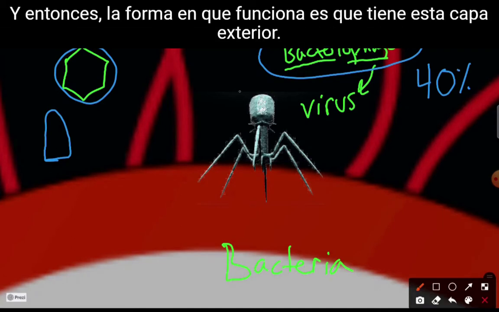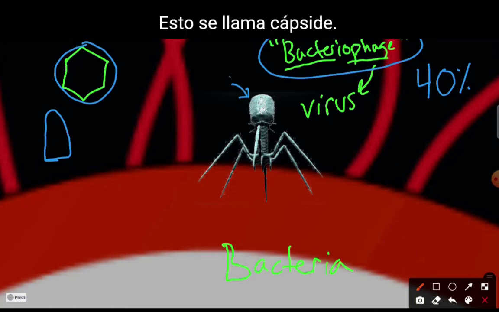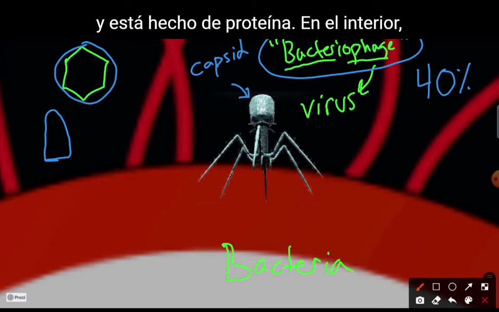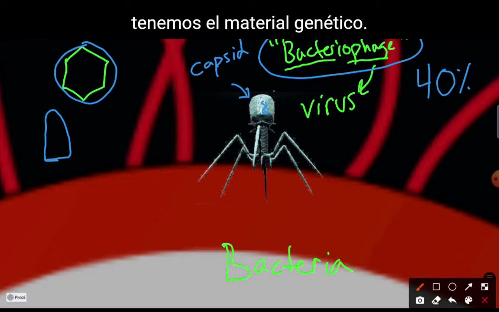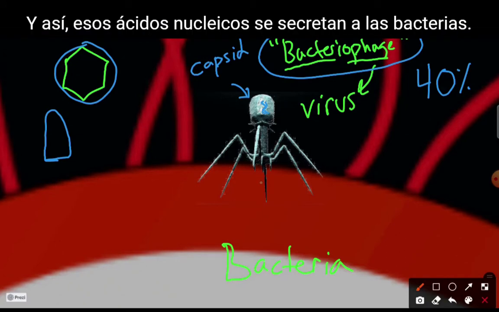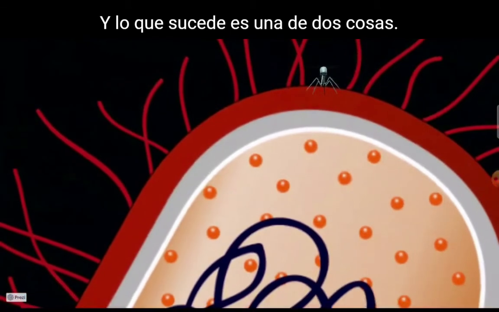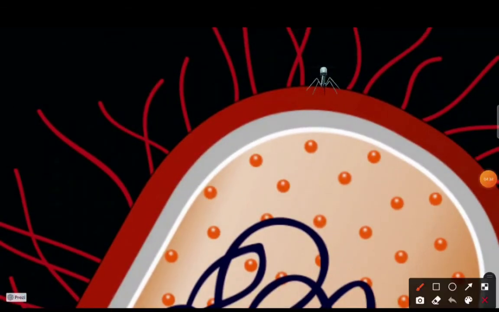And so the way it works is it has this outside layer. This is called a capsid. And it is made of protein. On the inside, we have the genetic material. And so those nucleic acids are secreted into the bacteria. And what happens is one of two things.